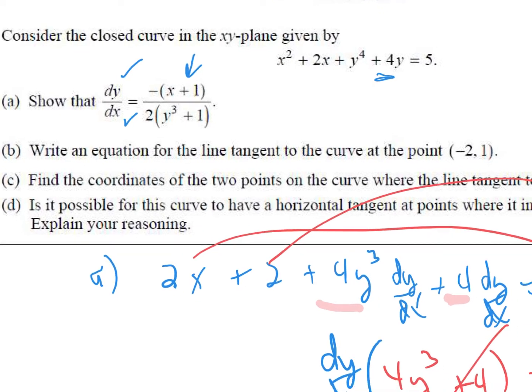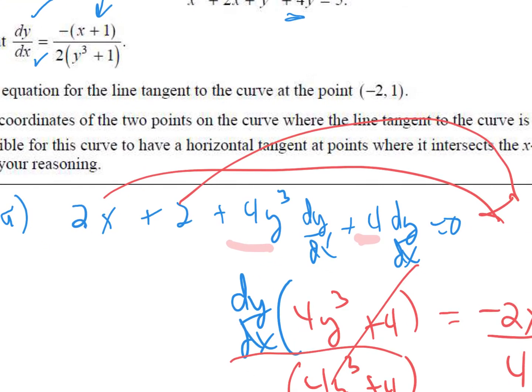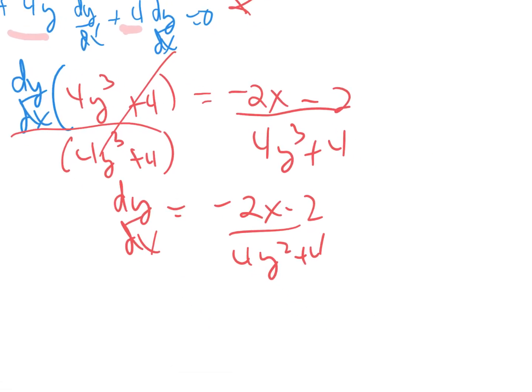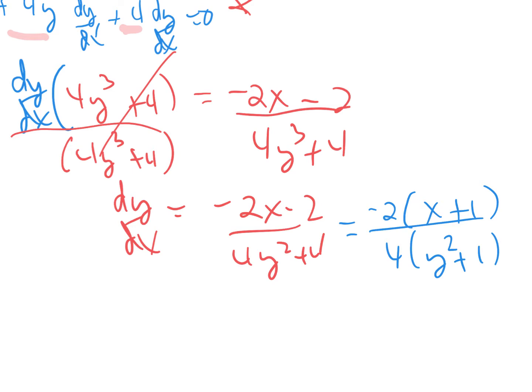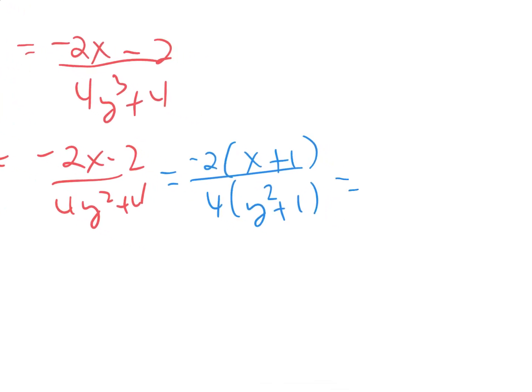It looks somewhat similar, but that is the answer. You go further and factor out the negative 2, which gives you x plus 1. Factor out the 4, which gives you y cubed plus 1. And the 2 goes into the 4 twice, and the negative stays there: negative (x plus 1) over 2 times (y cubed plus 1).